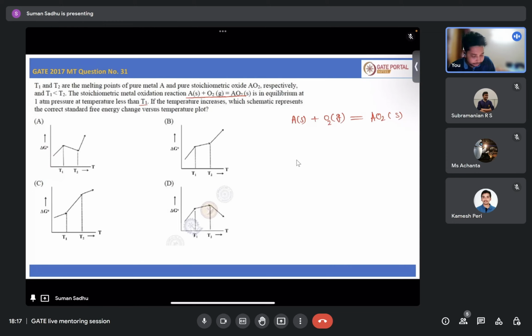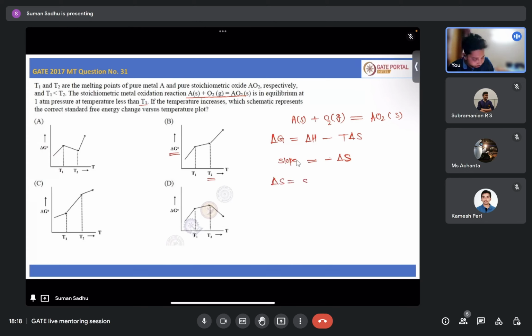In this case you can write delta G as delta H minus T delta S. In the plot of G versus T, what will be the slope? Slope is minus delta S, right? So now what will be the delta S here for this reaction?